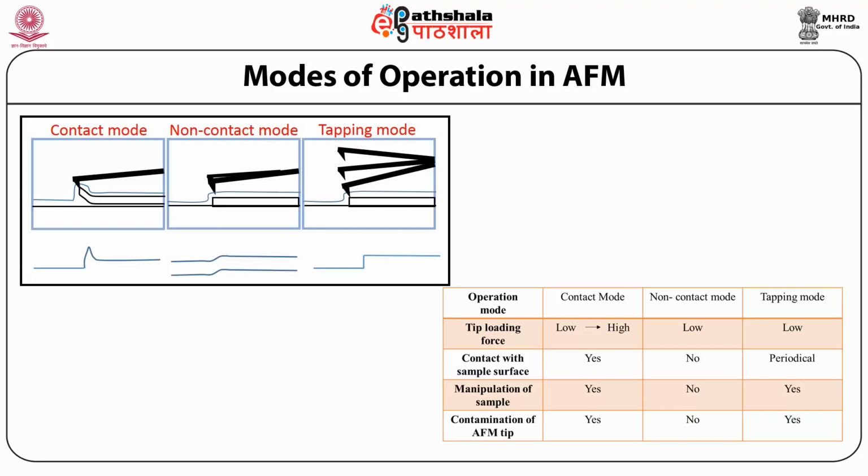Third one is the non-contact AFM mode. It works at a probe surface separation of 0.1 to 10 nanometer. The three modes are sketched in figure 1 and the variations are tabulated in table 1.